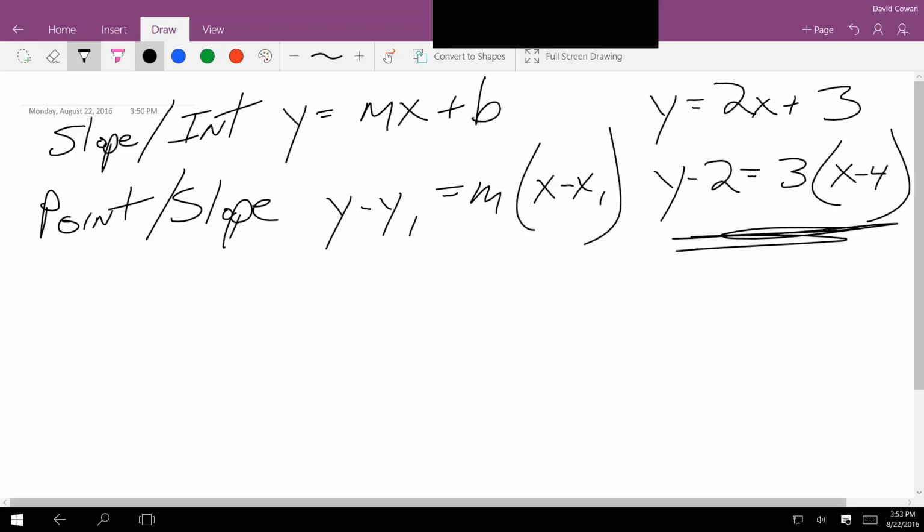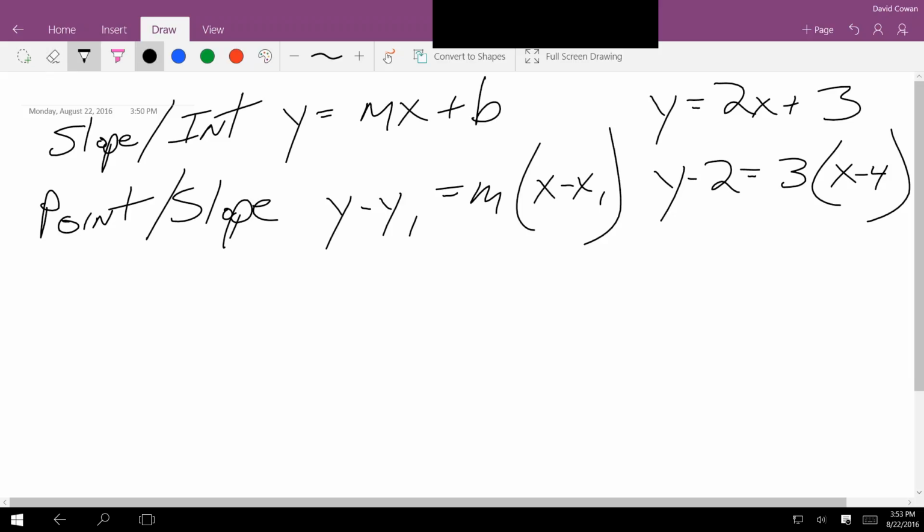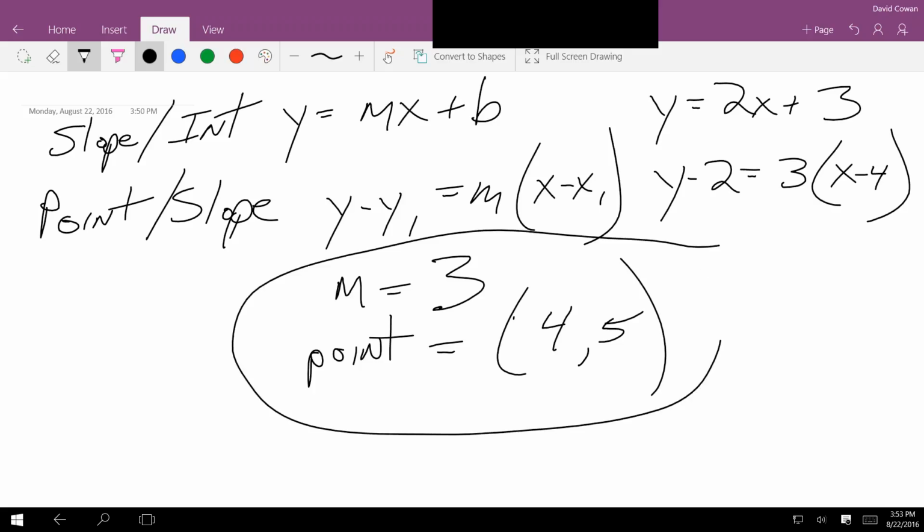For example, if I told you that the slope is 3 and a point on the line is 4 comma 5, give me the equation of that line, the easiest one to do is point-slope format, because you can do it in one step.